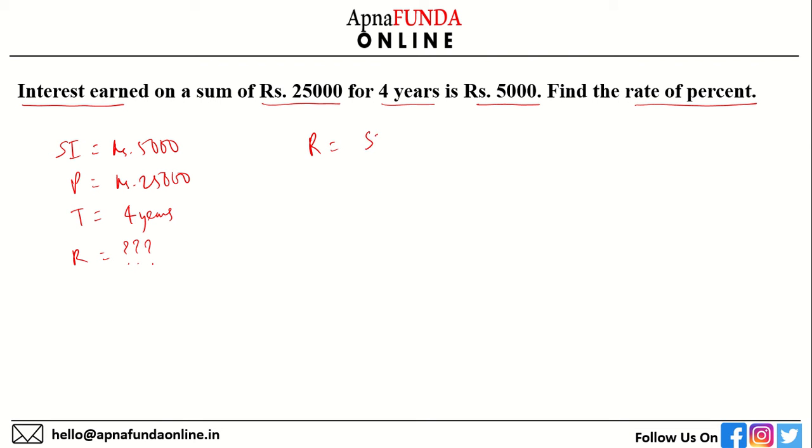So rate is equal to simple interest into 100 divided by P into T, I mean principal into time. So rate of interest is equal to SI, that is simple interest, which is 5,000 into 100 divided by principal, which is 25,000 into T, time, which is 4 years. So my rate of interest, we just calculate this.